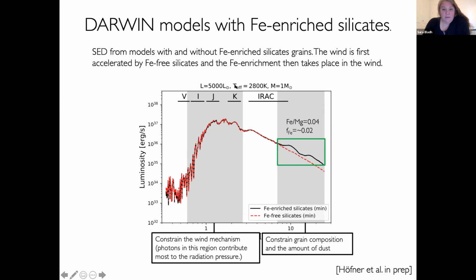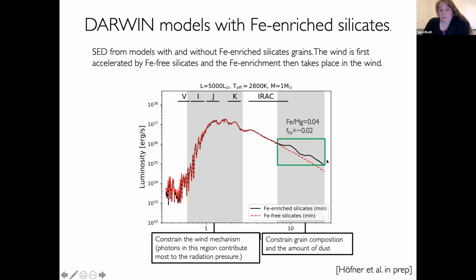We have been looking very much at the visual and near-infrared region before, because this region constrains the wind mechanism. This is the region where photons contribute most to the radiative pressure. Remember that short-wavelength photons are more energetic.